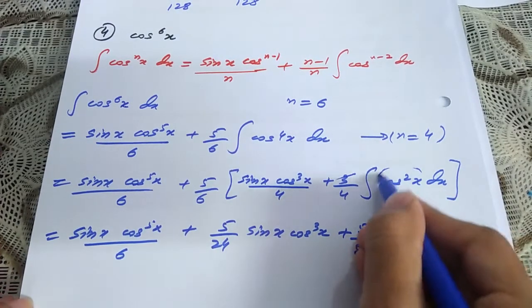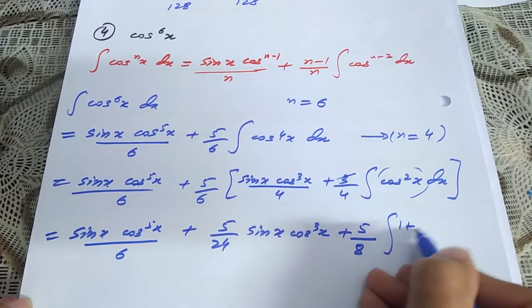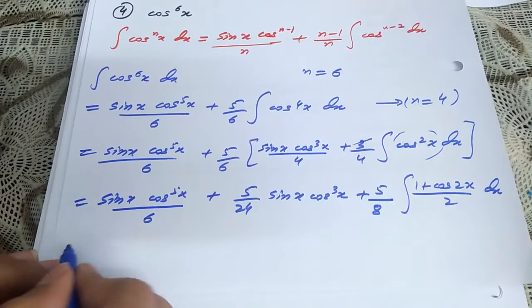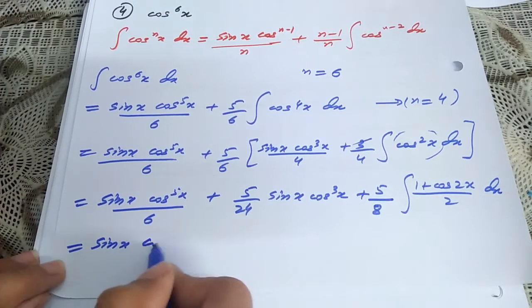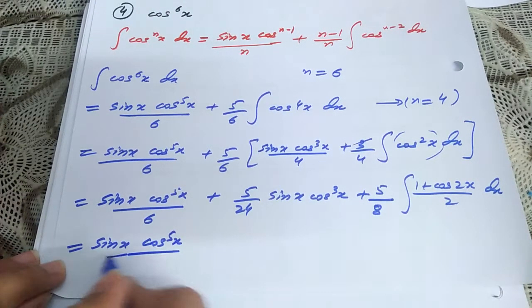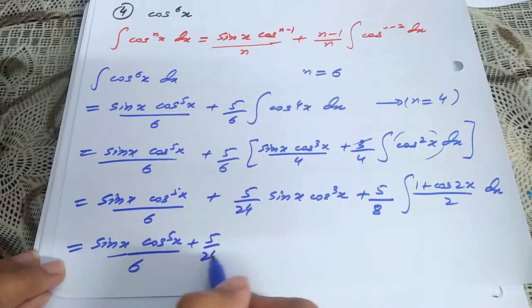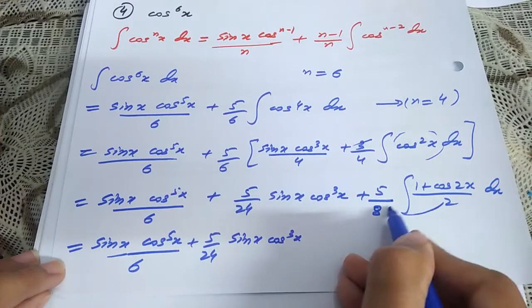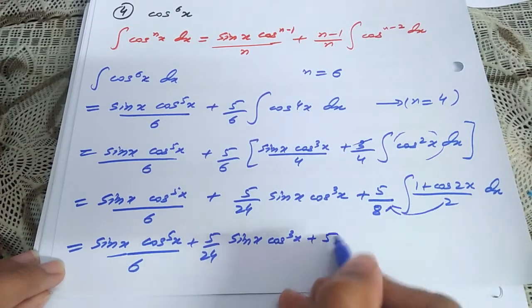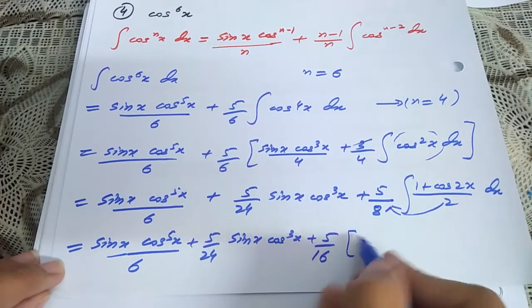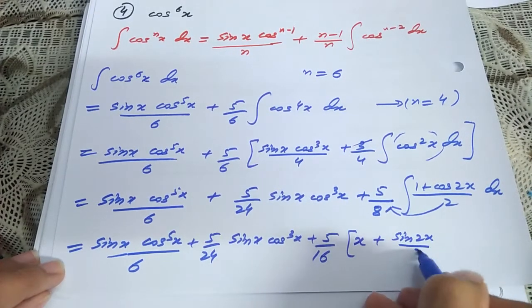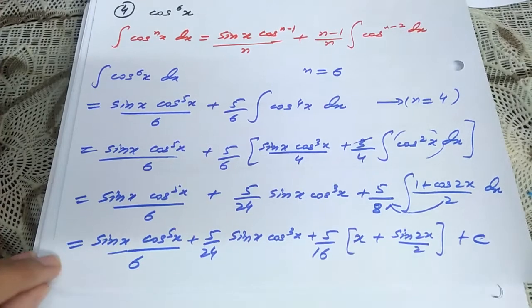And inside, cos square of x can be replaced with 1 plus cos 2x over 2 dx. So it will become, move this 2 outside, we'll get here 5 over 16. And inside the integration will be x plus sine 2x over 2 here plus constant of integration.